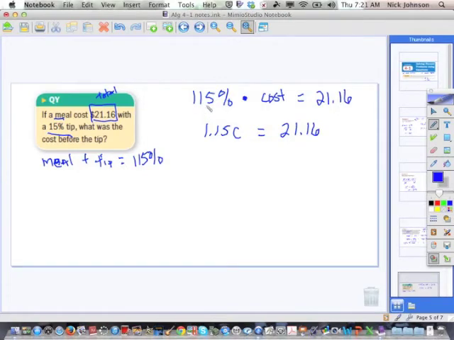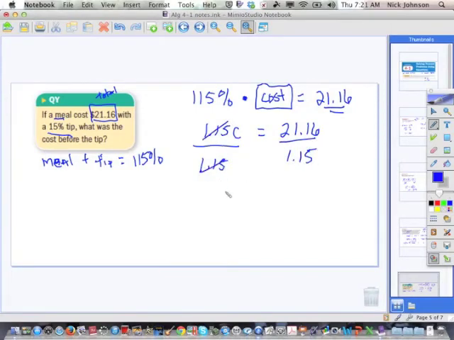Remember before we had this number times this number equaled this number? Okay? Since this was 115%, this number was bigger than this number. So since we're looking for this number, we should expect this number to be smaller than 21.16. Let's find out if it is. The inverse operation of 1.15 times C is to divide: 1.15C divided by 1.15.